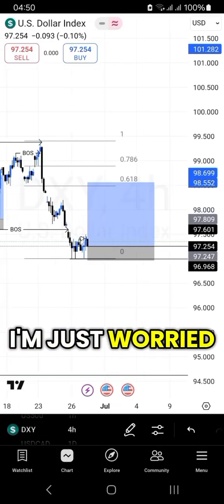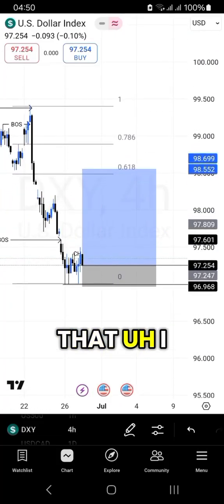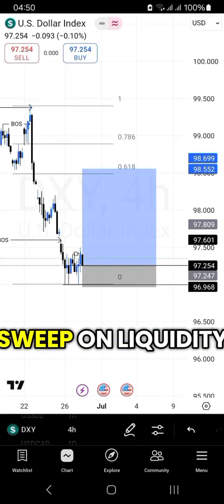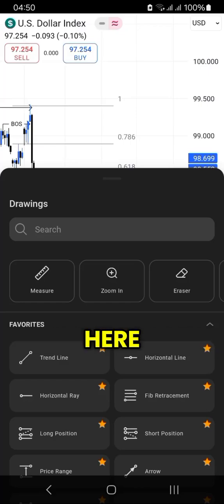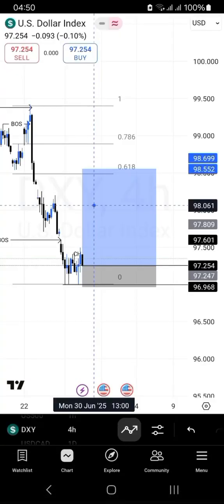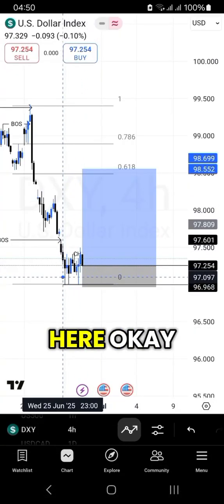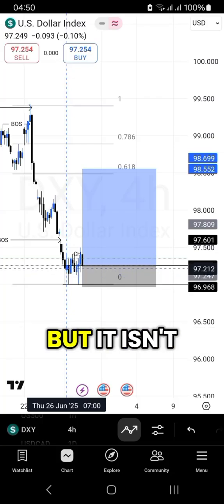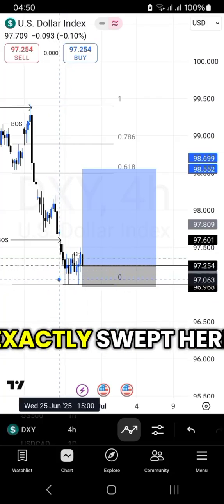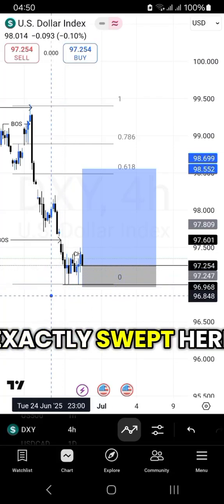I'm just worried that I don't have a sweep on liquidity below these lows here. I can see prices are rejecting here, but it isn't exactly swept.